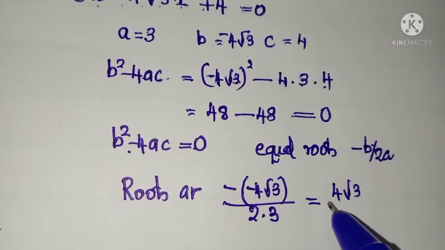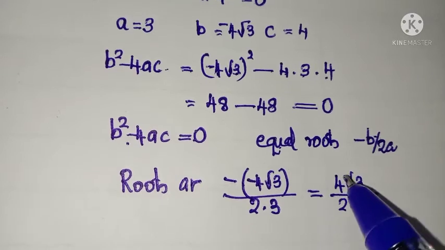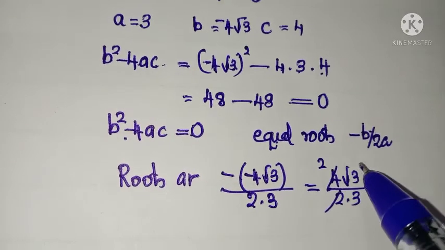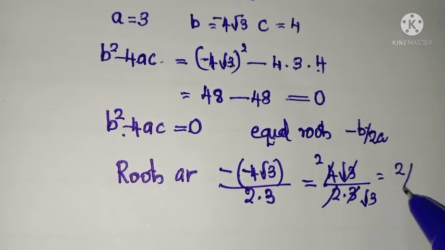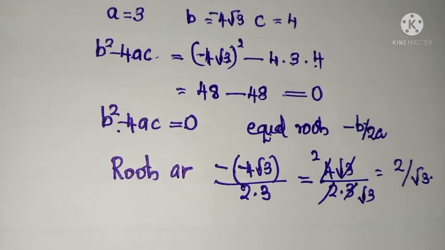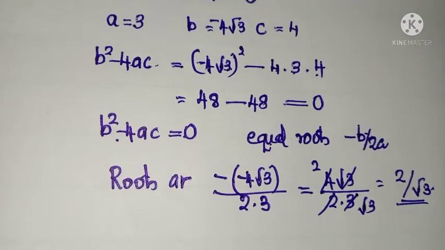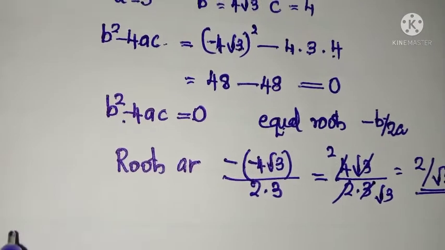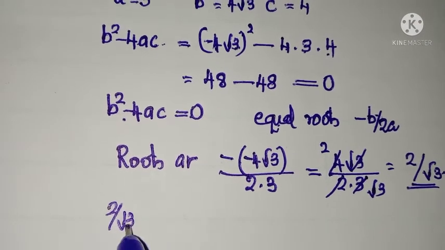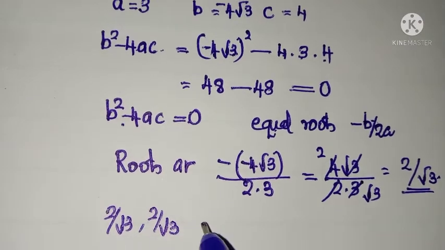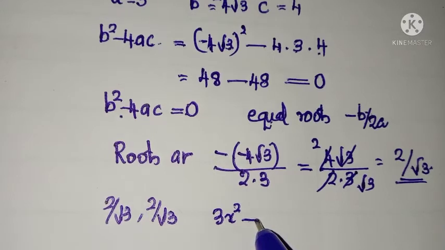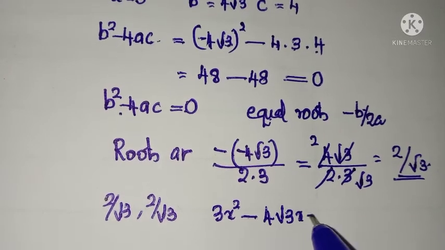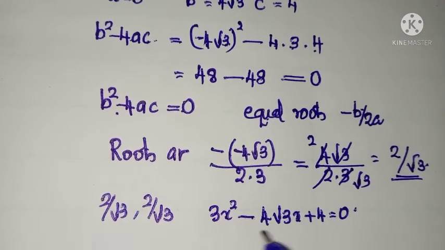So 4 root 3 by 2 into 3. Here we can cancel 4 and 2, root 3 and 3. So the answer is 2 by root 3. These are the equal roots. That is, 2 by root 3, 2 by root 3 are the roots of the equation 3x square minus 4 root 3 x plus 4 equal to 0.